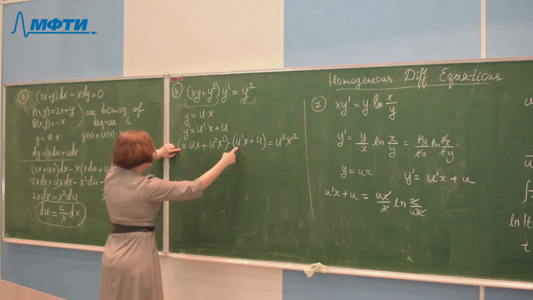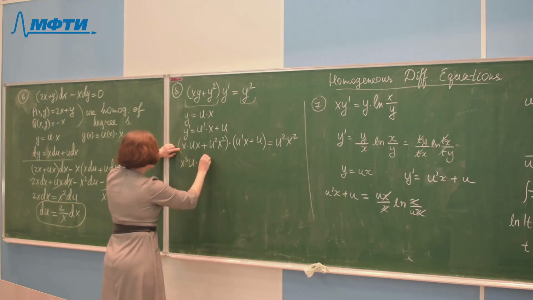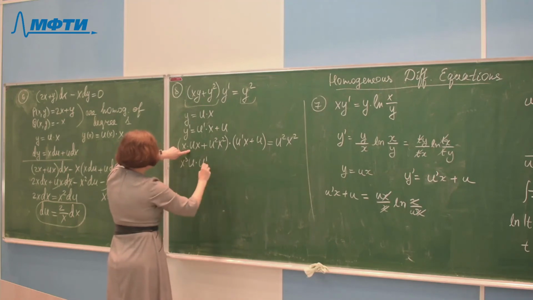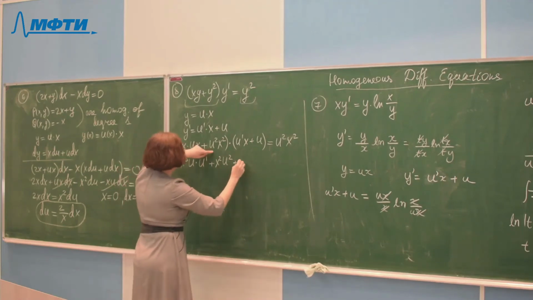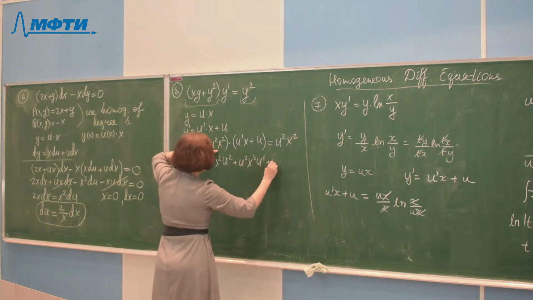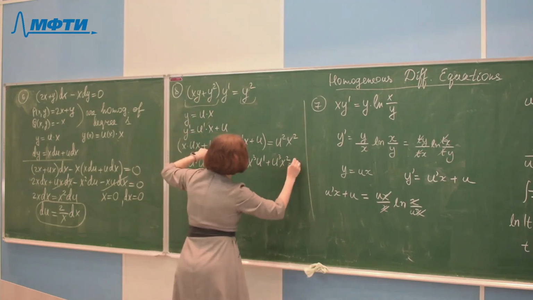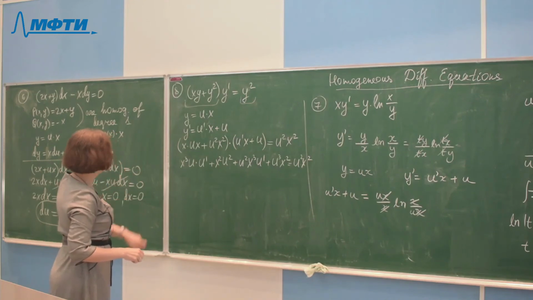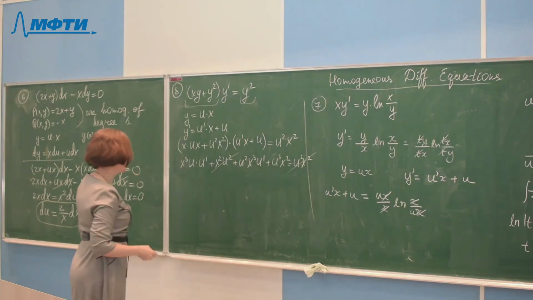The coefficient of u prime will be x cubed u times u prime, the product of the first terms, next first by the second, so plus x squared u squared plus u squared x cubed u prime and plus u cubed x squared equals u squared x squared. Next, we should eliminate these parts.